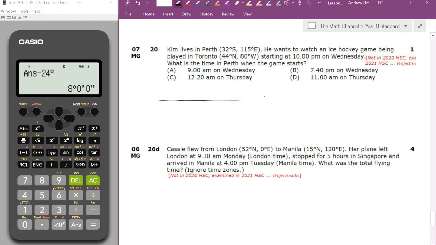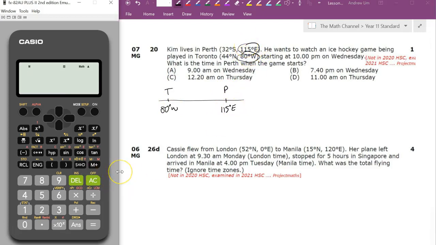So, Toronto, we can see it is 80 degrees west. Perth is 115 degrees east, right? 115 degrees east. And so now we can see that's 115 plus 80.